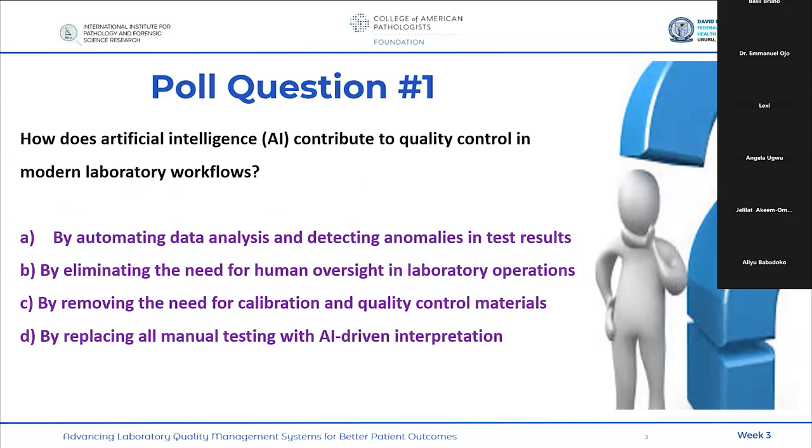It's about 3. The first one says, how does artificial intelligence, AI, contribute to QC in modern lab workflow? So please pick an option. And then the second one talks about the use of sigma metrics in laboratory quality control.